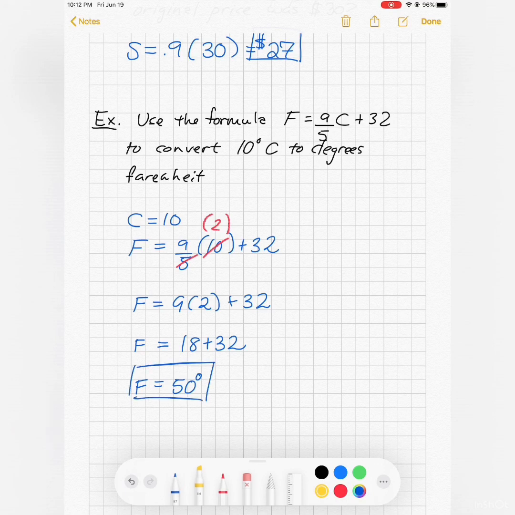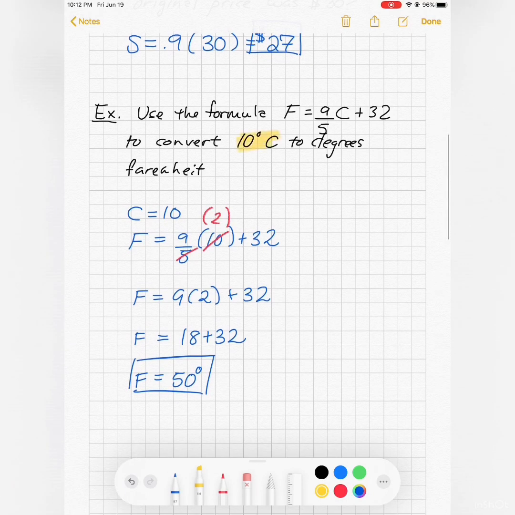Okay, so what does that tell me? That tells me 10 degrees Celsius corresponds with 50 degrees Fahrenheit. So that's interesting information.